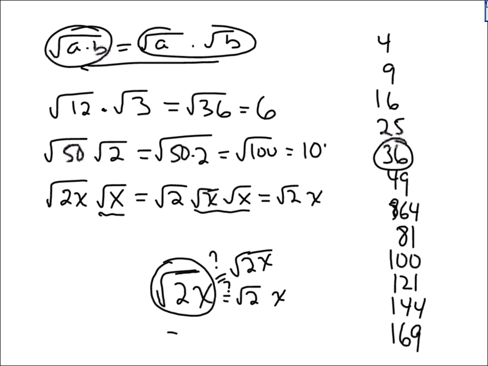So if you don't want the x to be under the radical, you really should write it in front. It's pretty difficult to argue, visually speaking, why that x is under the radical sign.